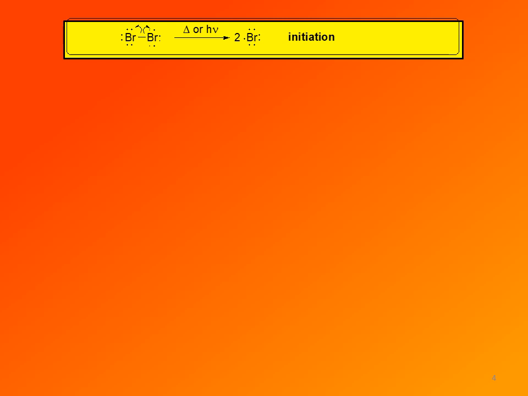Keep in mind that while we add a substantial amount of bromine to the reaction mixture, if we want monosubstitution, we will add alkane and bromine in a 1:1 molar ratio, but only very few bromine molecules are homolytically cleaved into bromine atoms or bromine radicals. Frequently less than 1%, even maybe 1 in 10,000. So most of the bromine molecules remain intact. Very few radicals are generated, but that's sufficient to initiate the reaction.